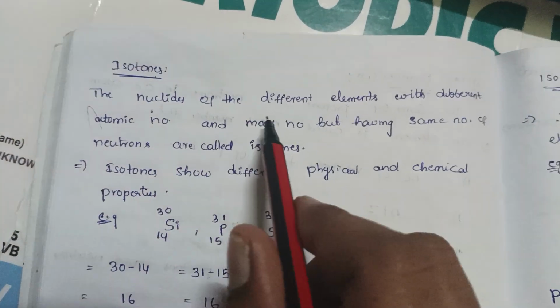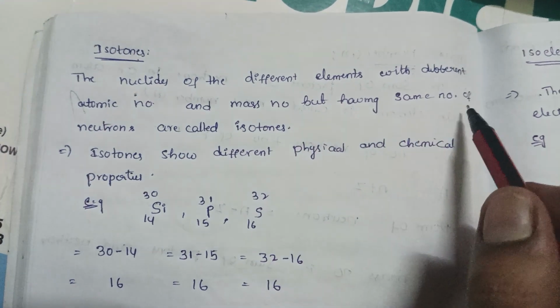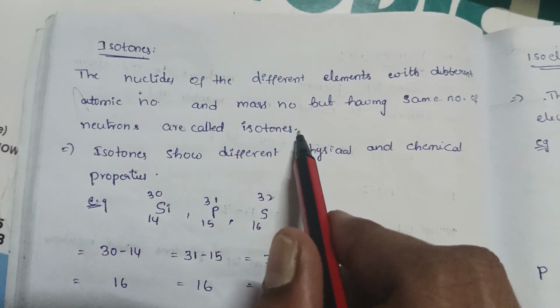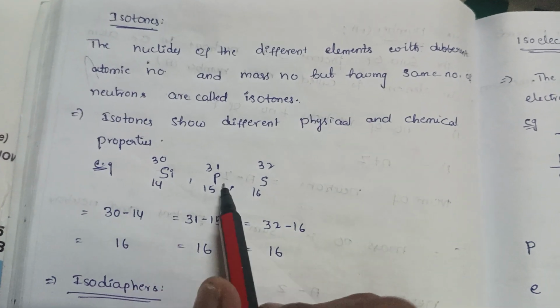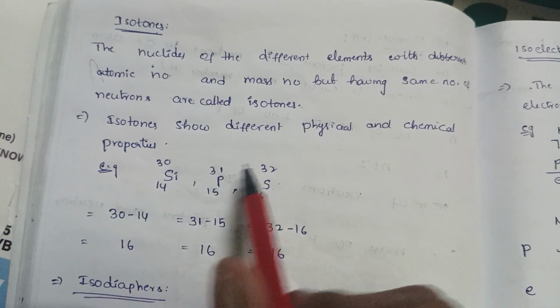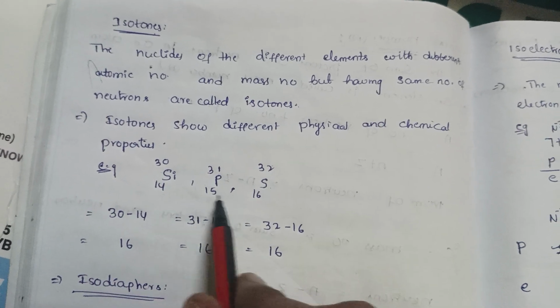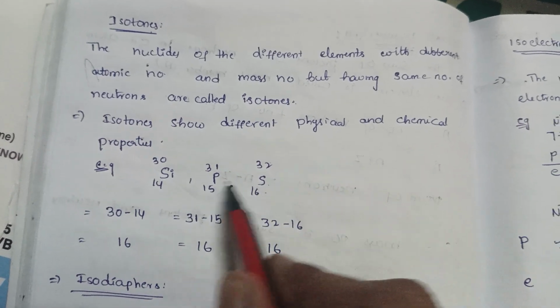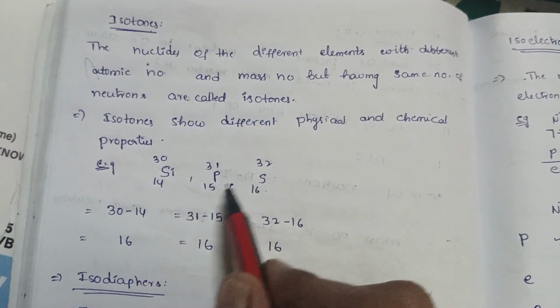Isotones. Nuclides of different elements with different atomic number and mass number but having the same number of neutrons are called isotones. If we take silicon, phosphorus and sulfur, different elements, different mass number and different atomic number but having the same number of neutrons.